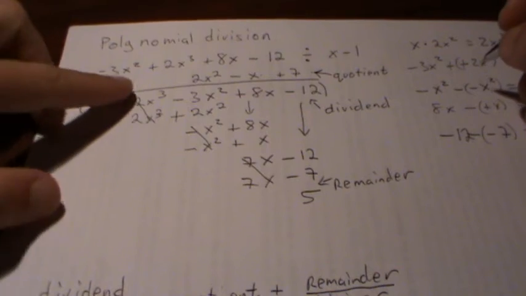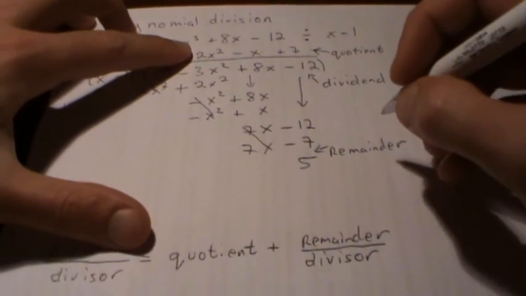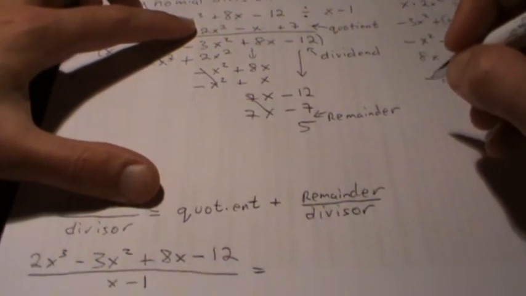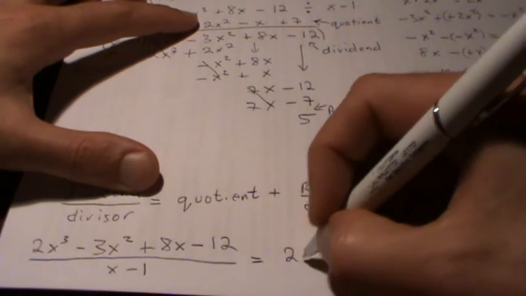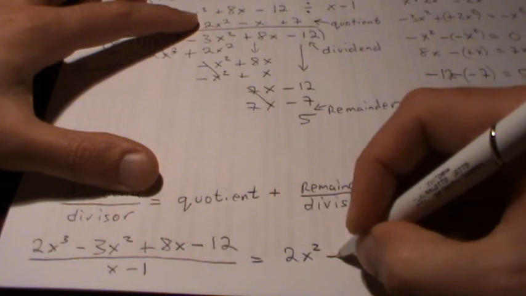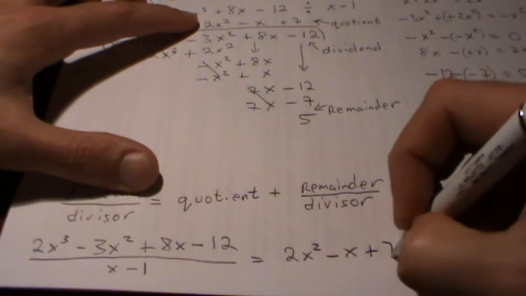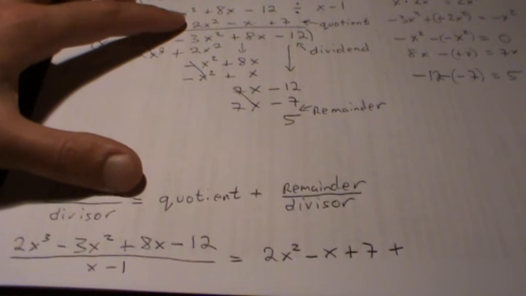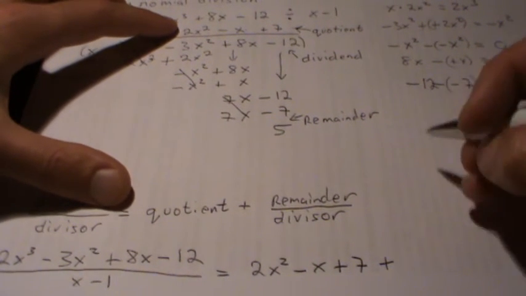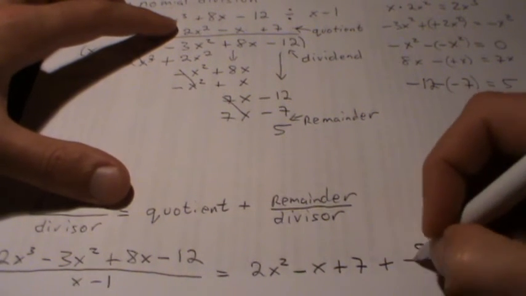And we pull the answer from the top here. And so the answer is, let's see, 2x squared minus x plus 7. And then we also have another term, plus the remainder. The remainder in this case is negative 5.